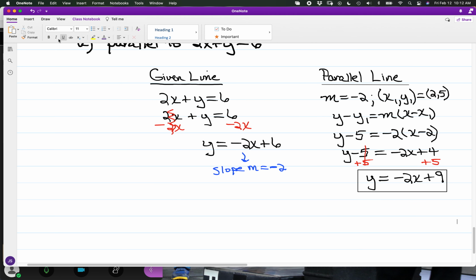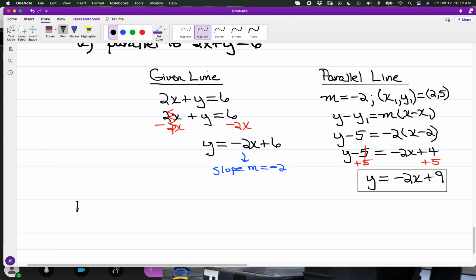And now, let's say you're just throwing this in. If I'm looking for the slope-intercept equation of the line that is going to be perpendicular to the line represented by the equation 2x plus y is equal to 6.